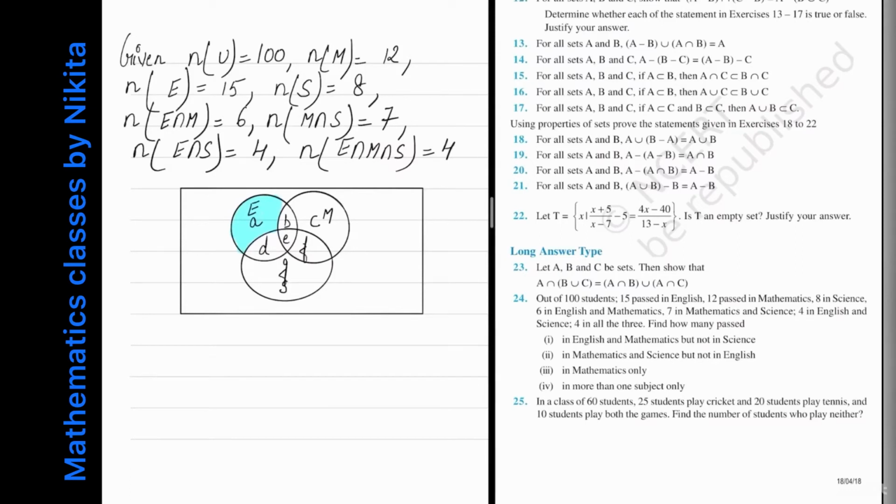Got it? So this is how I have just given naming to these portions. Now in the first part you have to find how many students have passed English and maths but not science. So English and maths but not science. अब देखो, English and maths is this portion, English and maths but not science.